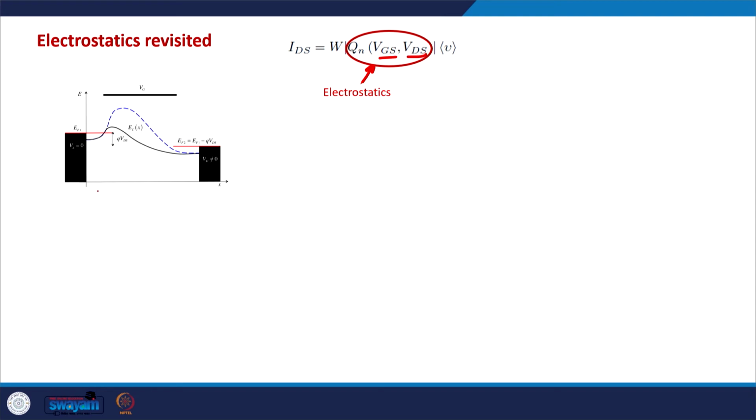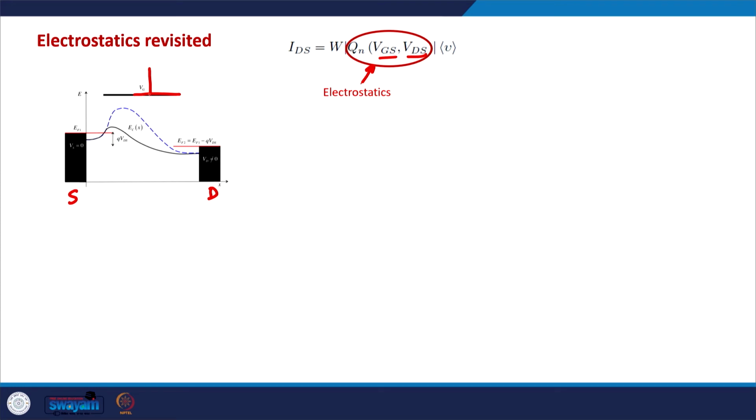And this is the picture of a MOSFET. In this picture, as you can see, there is a source, there is a drain, and there is a gate terminal, and there is a barrier in the channel between the source and the drain, and this barrier is controlled by the gate terminal and the drain terminal.